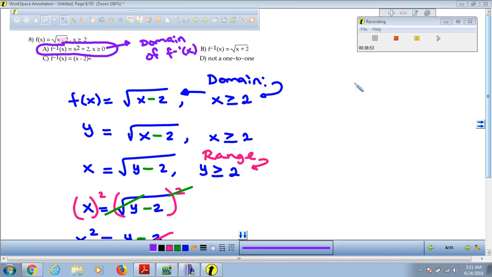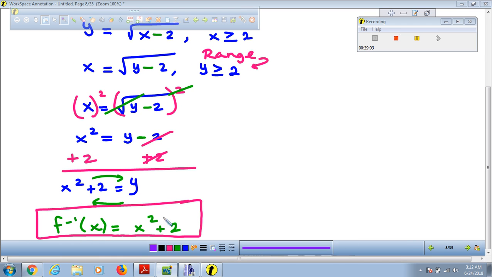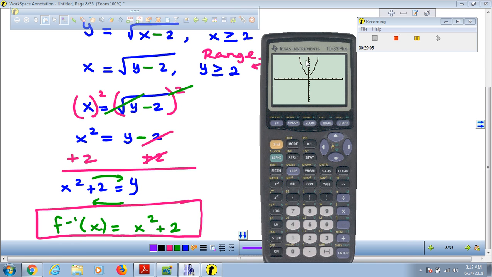Even though here they're not asking me to graph, I don't see another way of doing this. Okay, so this is the inverse function, right? And what's the domain here? Well, you're going to tell me the domain is negative infinity to positive infinity for this one, which is the same as this. And that's correct.